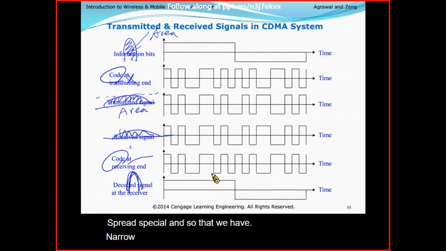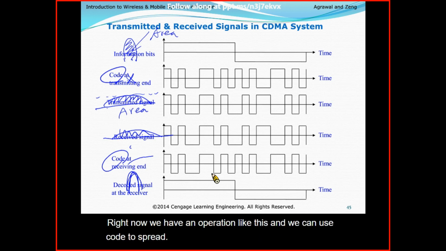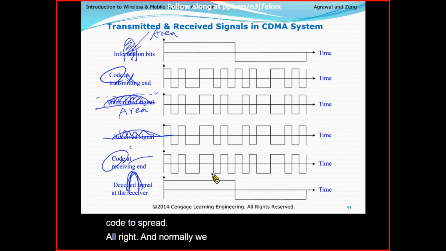Right now we have an operation like this, and we can use code to spread. And normally we will have noise, right? And using the previous one, for example, I use this way.